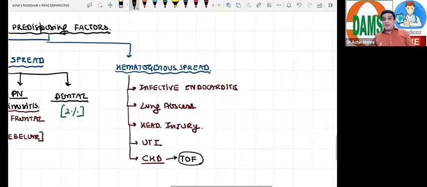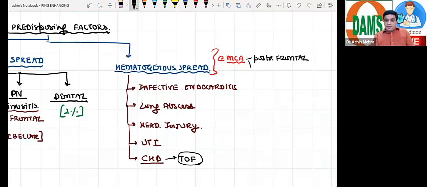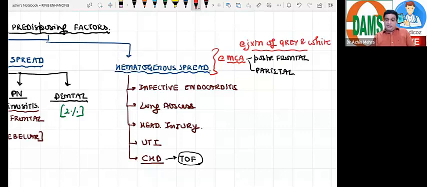Now, the hematogenous spread is usually seen in the MCA territory distribution. So, in the distribution of the MCA territory, we usually find it there. Now, in the MCA territory also, we find it more often in the posterior frontal and the parietal region. And this happens usually at the junction of gray and white matter.